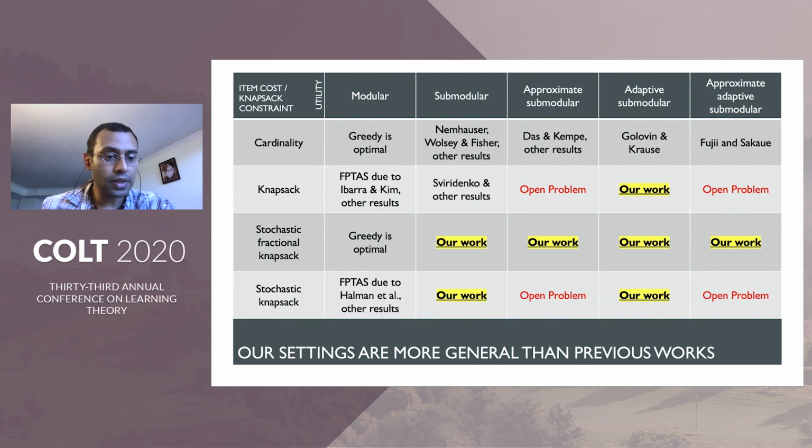If you don't have this fractional knapsack situation, so you either have fixed cost and the knapsack setting, or you have stochastic cost and the stochastic knapsack setting, so you cannot fractionally round an item, then nothing is known about optimizing approximate submodular utilities or approximate adaptive submodular utilities. So those settings actually remain open.